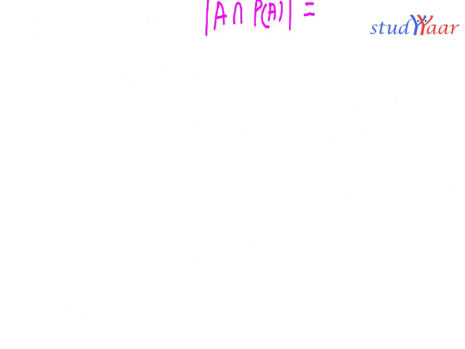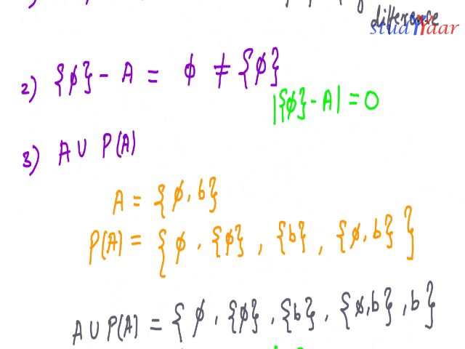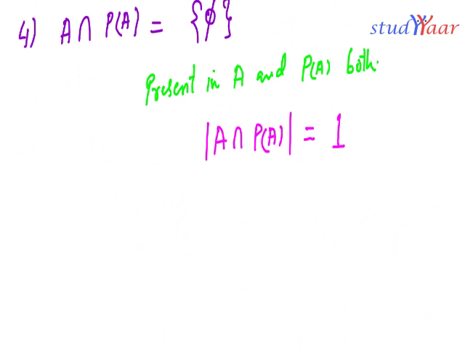Therefore, the cardinality over here is 1. So this is something that you should understand and keep in mind. The cardinality of the null element is 0, while the cardinality of a set containing the null element is 1, okay?